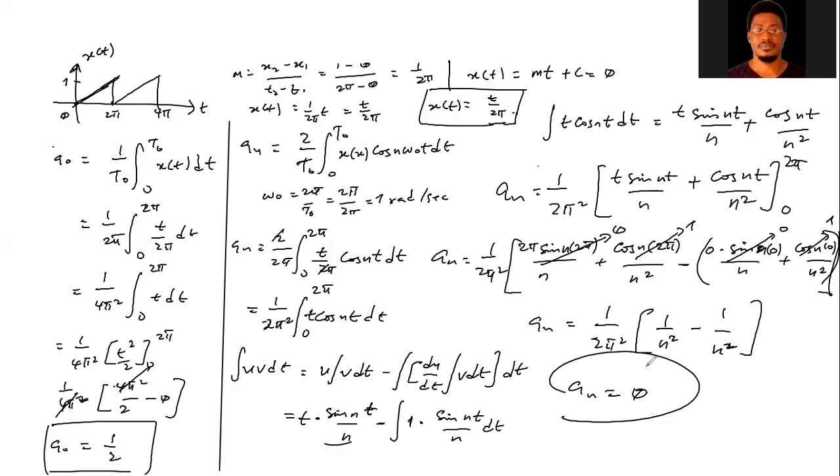Okay, and now we'll perform the same operation to evaluate b_n. So we already know that b_n is the same as 2 over T_0 integral s(t) sin nω_0t dt.